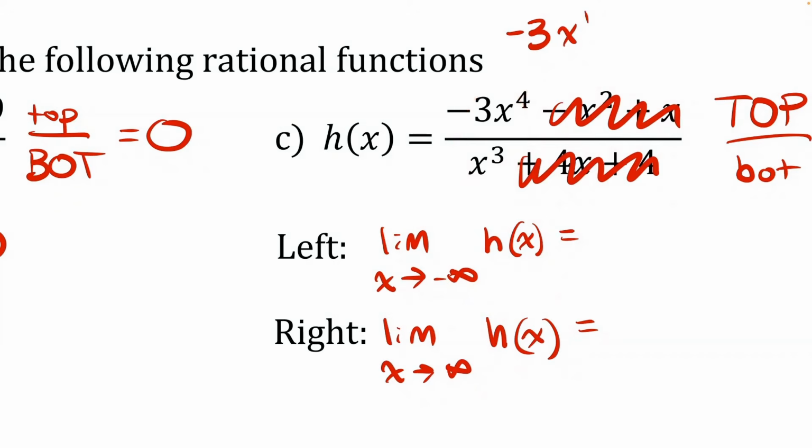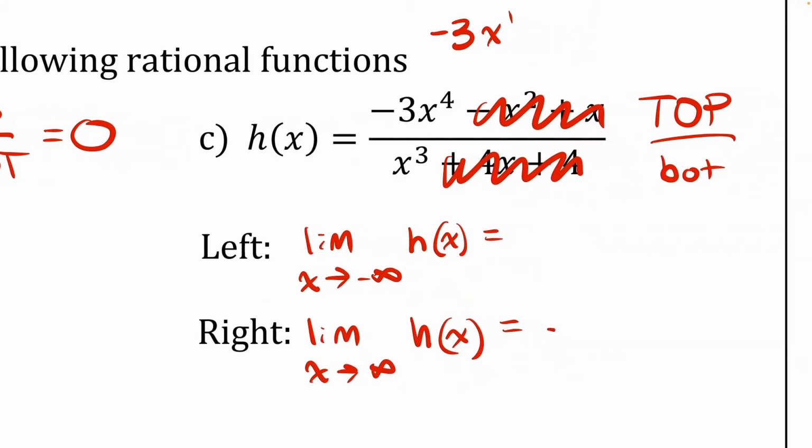So that means right is going to be positive, left is going to be negative. So the right side will always take the sign of that negative. The right side will be negative infinity. Repeat that back to me, Saul. Why is the right side negative? Because there's a negative. Exactly.